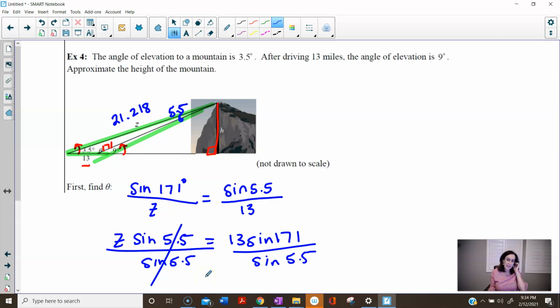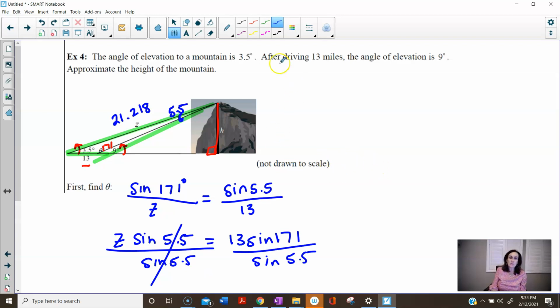I recommend storing that number in your calculator. So I'm going to hit store, and then alpha, and where is Z? Alpha 2 is Z. So I just stored that as letter Z in my calculator. Store is above the on switch.